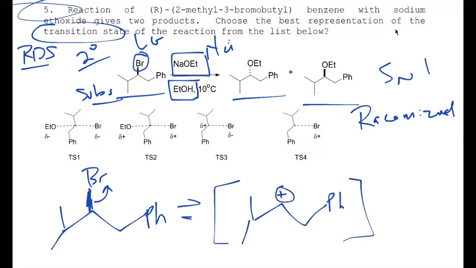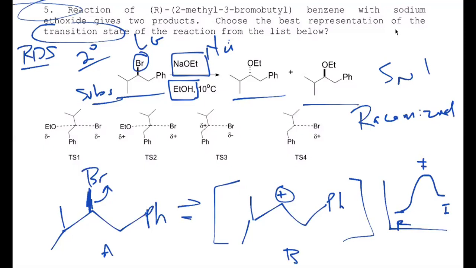So if I'm doing an energy diagram, I'm trying to show this part of the mechanism. The transition state, going from here to here, from the reactants to the intermediate.